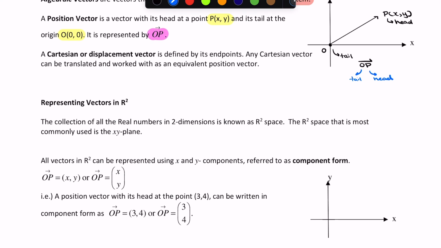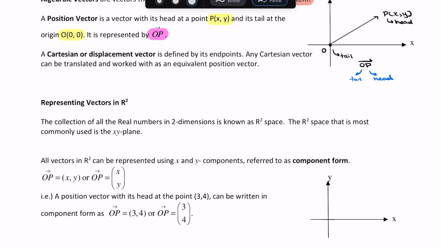Here we're representing vectors in R2, or two space. The collection of all the real numbers in two dimensions is known as R squared, or two-dimensional space. The R squared space that is most commonly used is the xy plane. Vectors in two space can be represented using x and y components, referred to as component form.